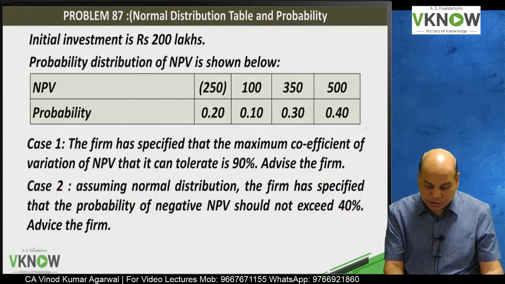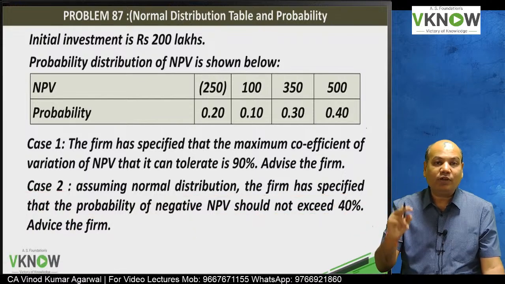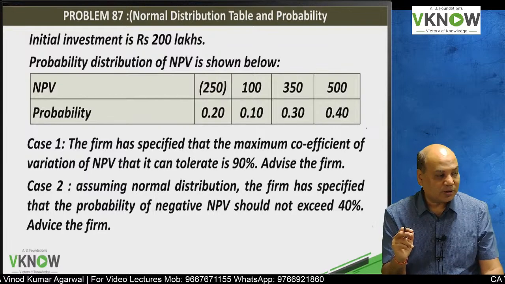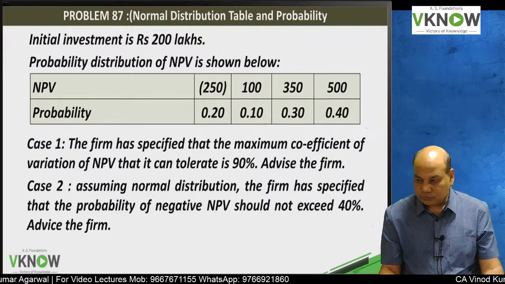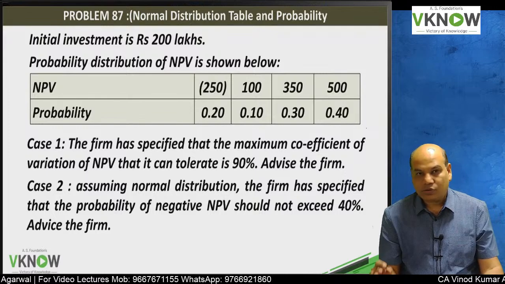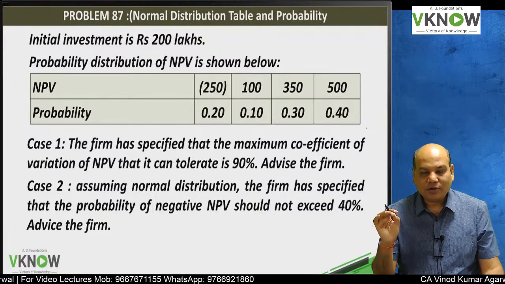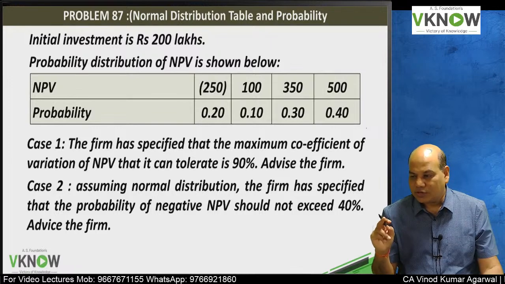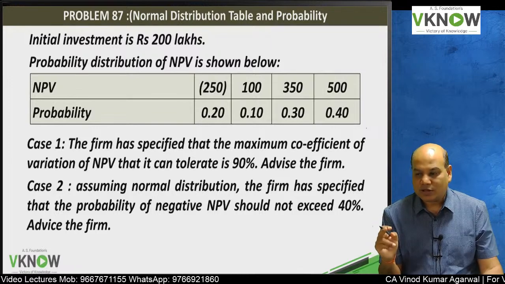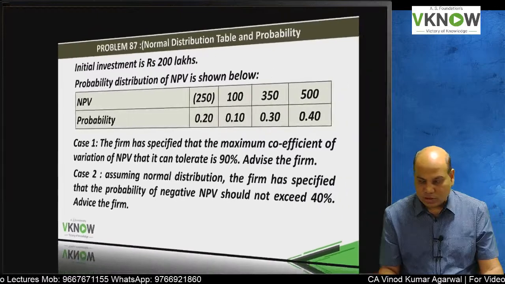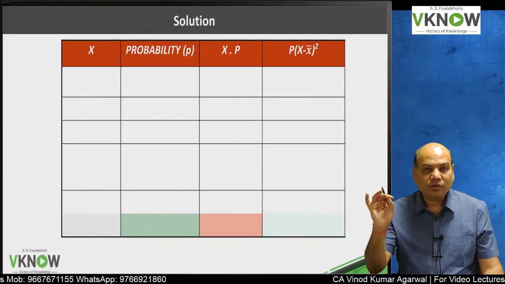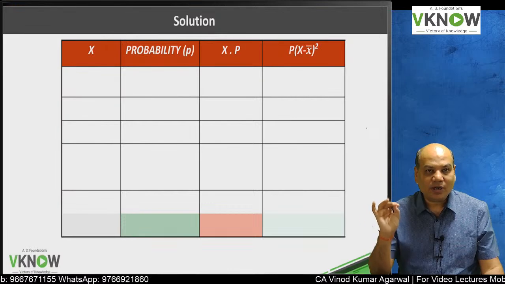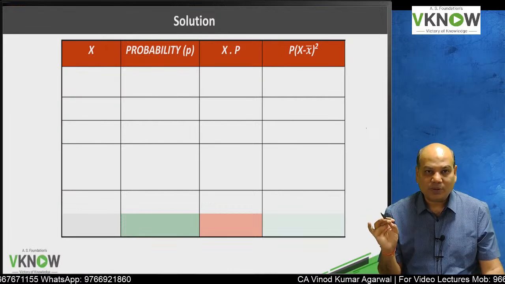But if the probability of negative NPV is more than 40%, then I will not accept the project. Okay? So this question requires you to decide on the basis of case 1, coefficient of variation, case 2, normal distribution.